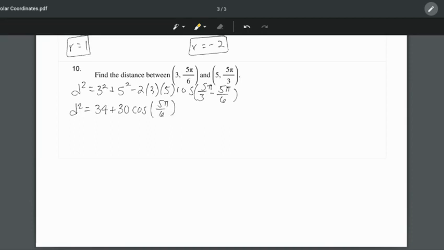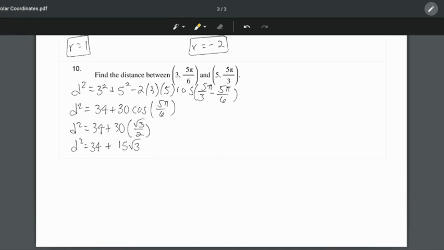And remember that the cosine of 5 pi over 6 is root 3 over 2. So that gives us d squared is equal to 34 plus 30 times root 3 over 2, which would simplify to d squared equals 34 plus 15 root 3.